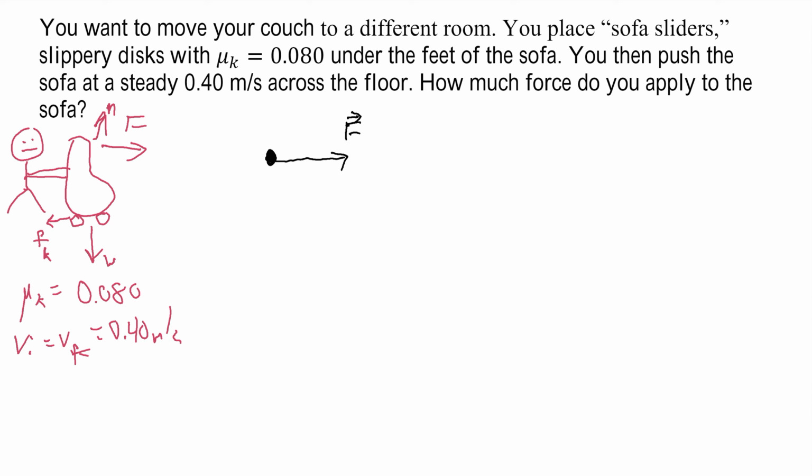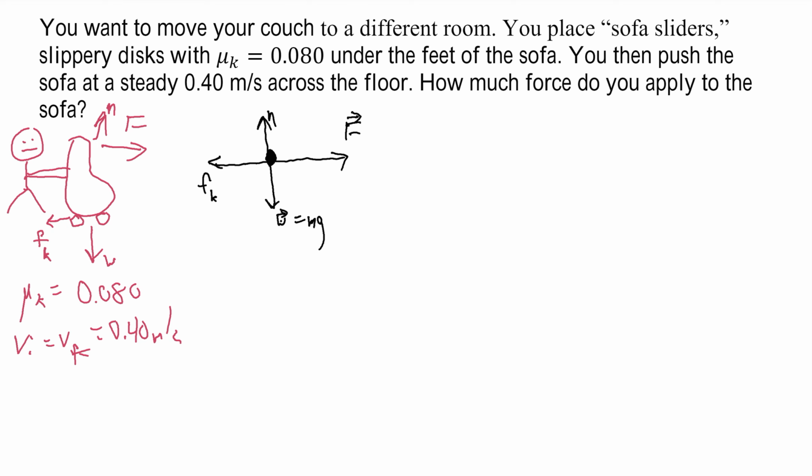I have my F sub K to the left. This should be exactly the same length as my applied force because I'm pushing at a steady speed. I have my weight down, W, and weight we now know is exactly mg. And we have a normal force up.